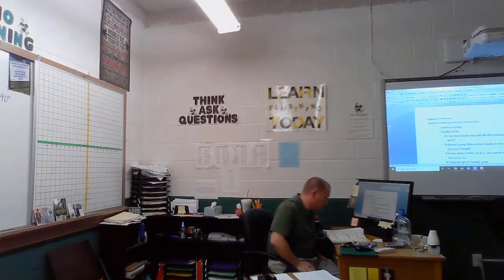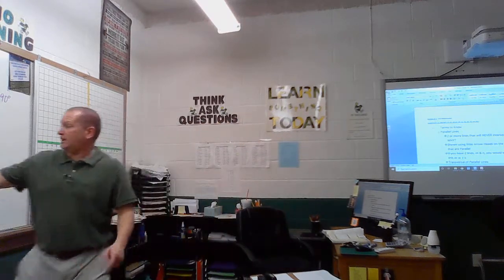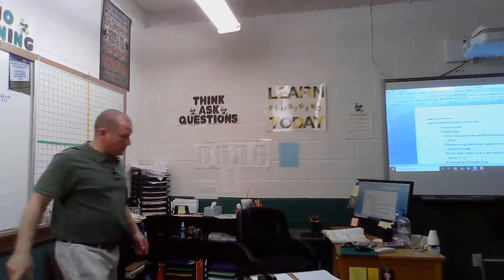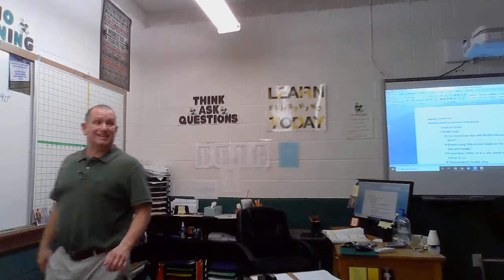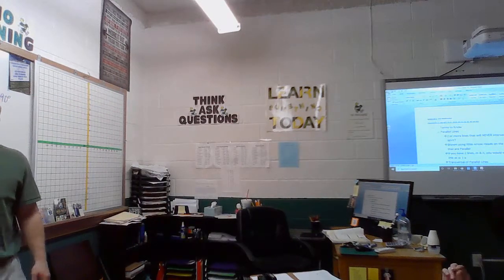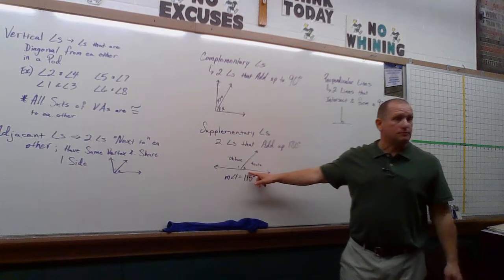Okay, so we need to go back and think about this right here. Look at where angle 4 is. Look at angle 4 and look at angle 3. Did we just find out what angle 3 was? Okay, so look at angle 3 and 4 and compare it to this right here.